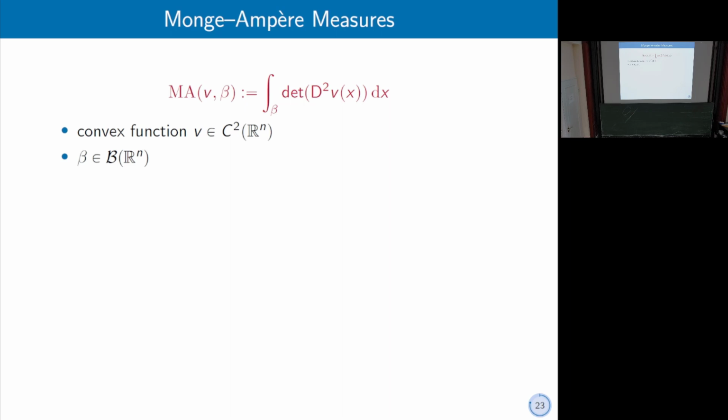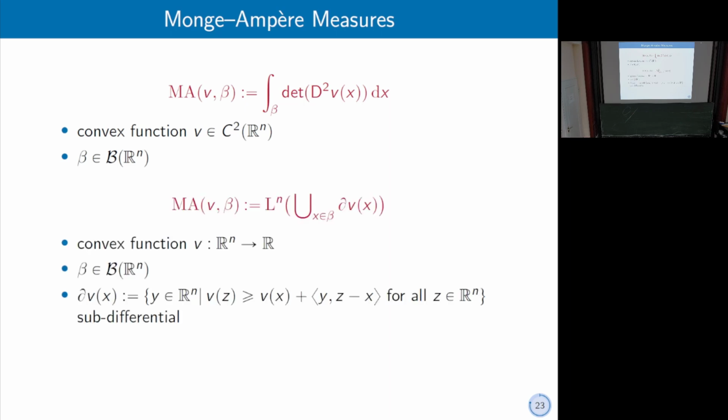And if it's not smooth, then I can use subdifferentials to define the Monge-Ampère measure in general. And this here, L_n, or L I will also use, is the Lebesgue measure in n-dimensional space. And this is the classical definition of Monge-Ampère measure.